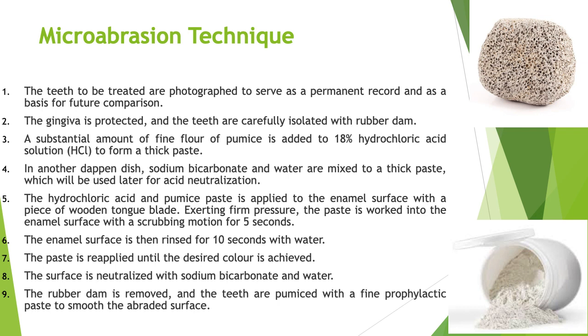After we finish the treatment and we get the result we want, we use the other mixture, the sodium bicarbonate with water, to neutralize the reaction, because bicarbonate is a base, so it will neutralize the HCl. Then we remove the rubber dam.